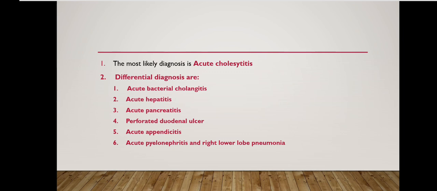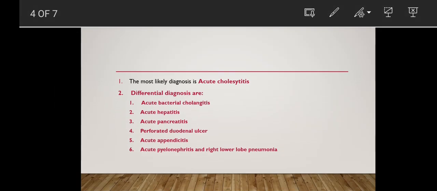Why not acute appendicitis? In acute appendicitis, basically the pain starts around the umbilicus. Initially the pain starts around the umbilicus and then it migrates toward the right iliac fossa.